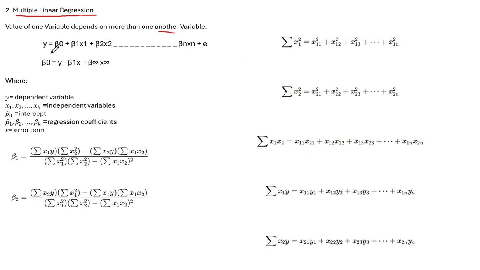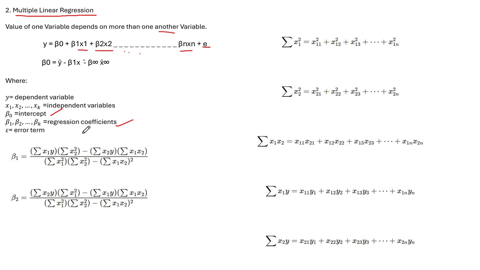So the formula for this is y is equal to beta 0 plus beta 1 into x1 plus beta 2 into x2, and this goes on all together, ending with beta n into xn, where y is equal to the dependent variable, x1, x2 are the independent variables, beta 0 is the intercept, beta 1, beta 2 up to beta n are regression coefficients, and e is equal to the error term.